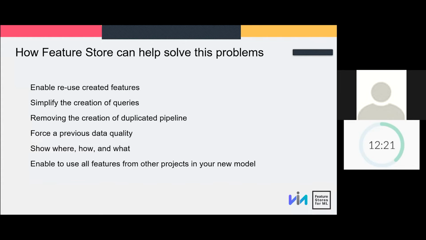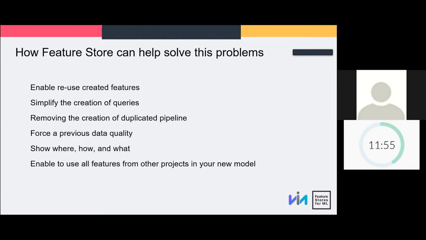One of the biggest points, I think, in the feature store is showing where, how, and what. And what are these 3 points? This main capability is about the lineage of your data. So you can see these 3 important points. The first one is where your data comes from, showing all the sources, tables, databases, whatever you're using as a source, you can see inside the feature store.